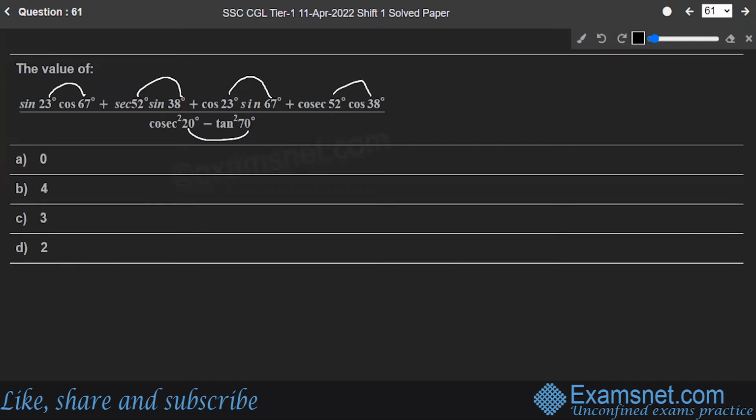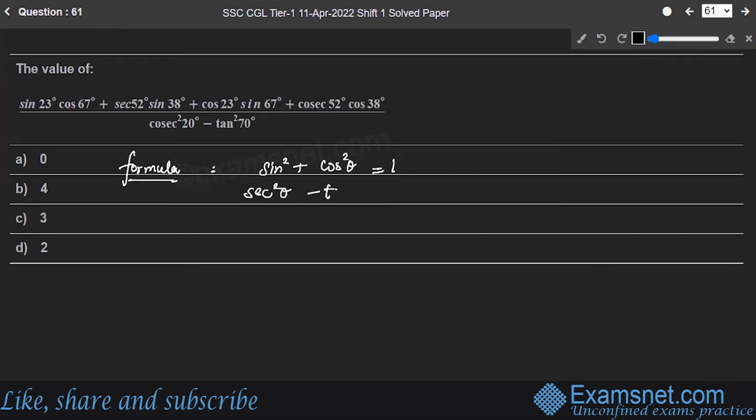So now the given expression is this, and what formulas will we be using? There are a number of formulas we'll be using in this question. The very first one is, trigonometric ratios, sine square theta plus cos square theta is equal to 1. The second one is secant square theta minus tan square theta is equal to 1.